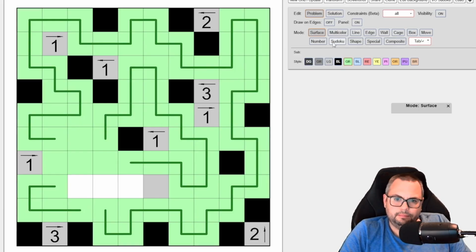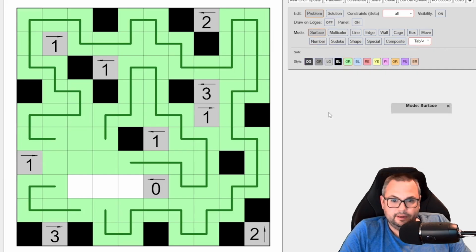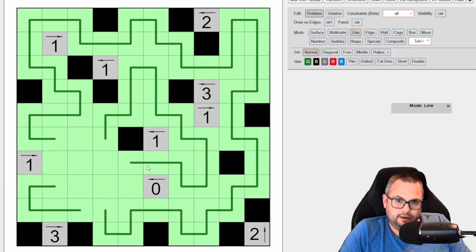Make it a 0. Any chance this works out? I notice it does pull this down here. These can connect, unfortunately.